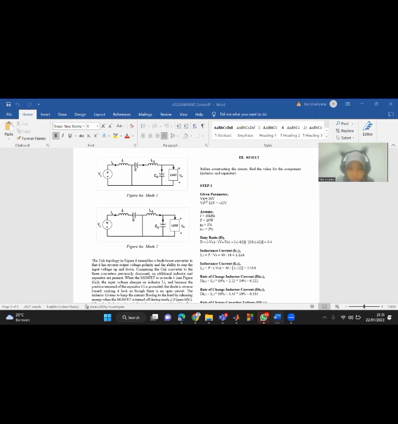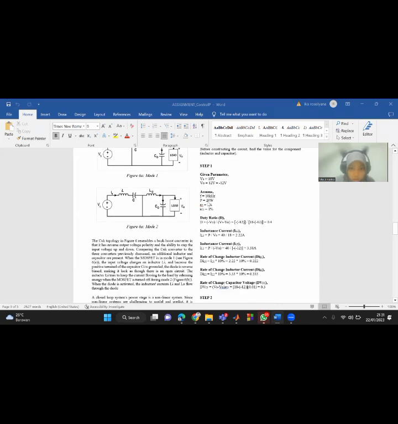First, step 1, we are given the parameters: input equals 11 volts and output 12 volts. I assume frequency equals 10 kHz, power equals 20 watts, and RO and RC1 are 1%.